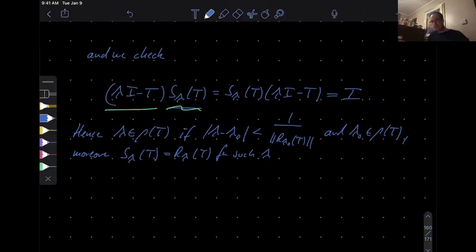Again, I started with a point, and now I showed that I can fit a whole disk. I started with a point in the resolvent set, and now I showed I can fit a whole open disk around it that is still in the resolvent set. So the resolvent set is open. Okay. This shows that ρ(T) in F is open.